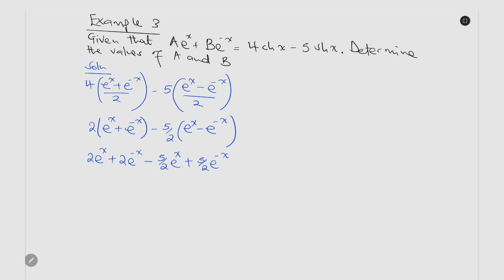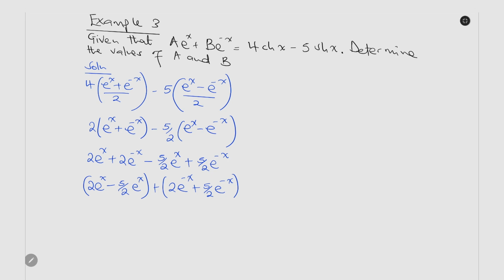And we can now collect like terms, so that I will have 2e^x minus 5 over 2 e^x, plus 2e^(-x) plus 5 over 2 e^(-x).